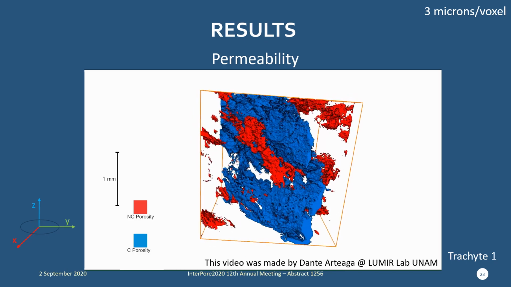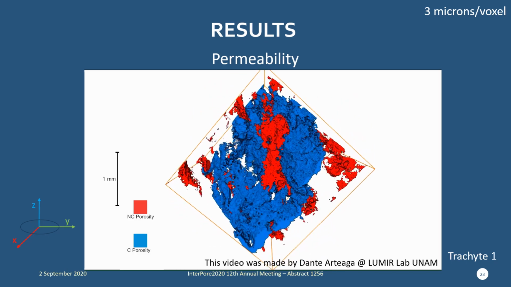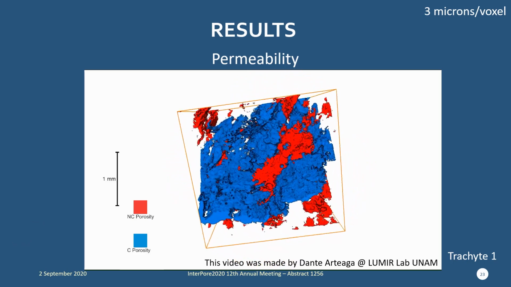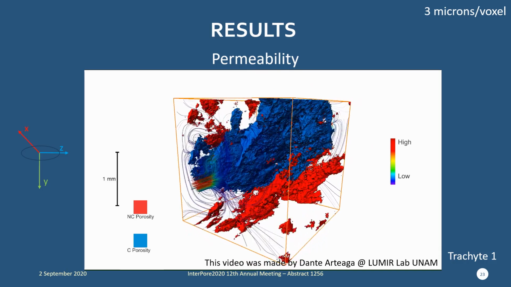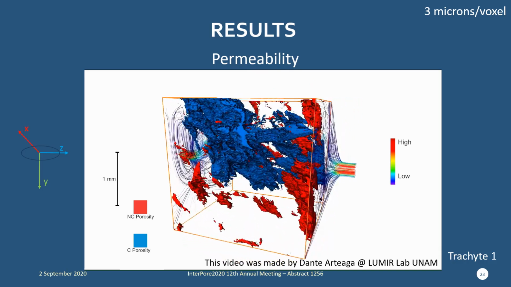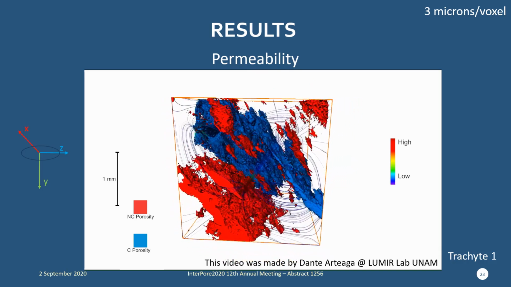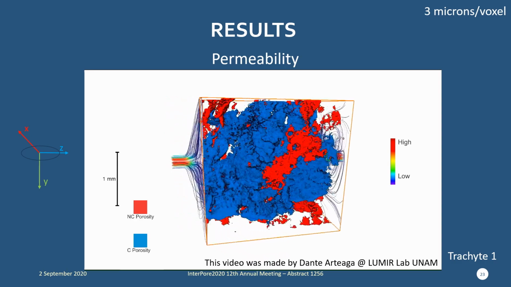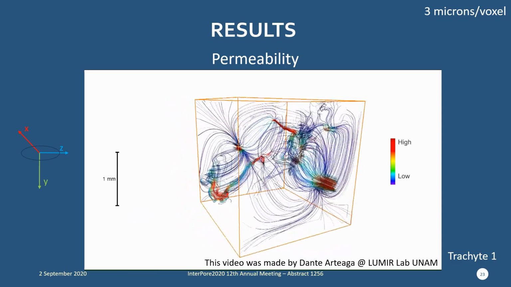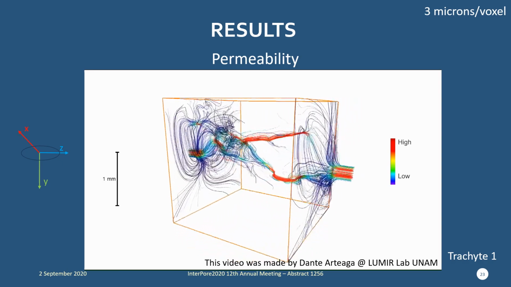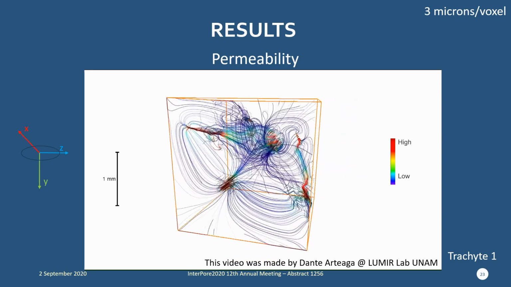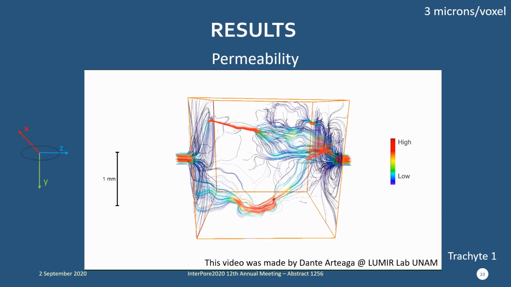So remember, the blue color is the connected pores. Here we rotated the coordinate system to better visualize the simulation of the fluid flow that goes along the whole connected pore structure.